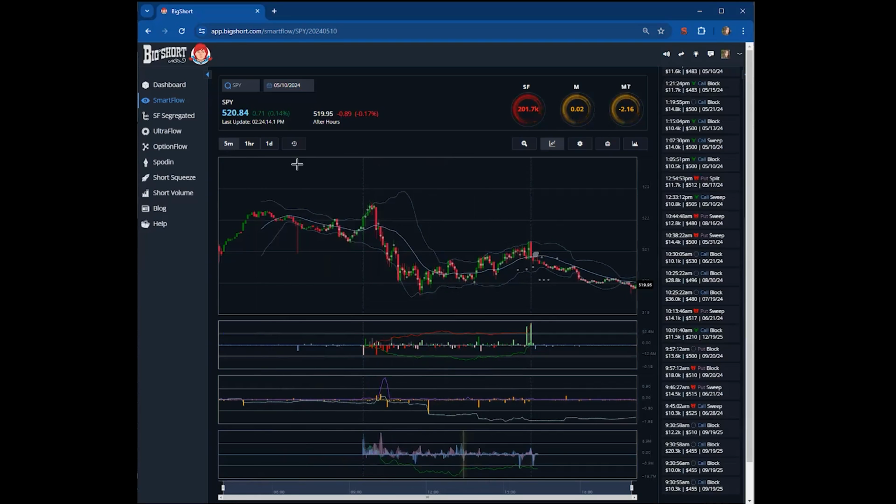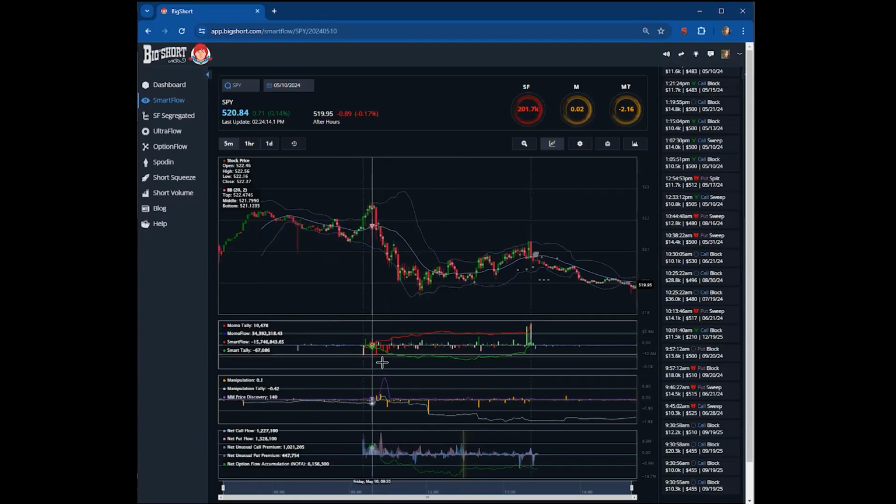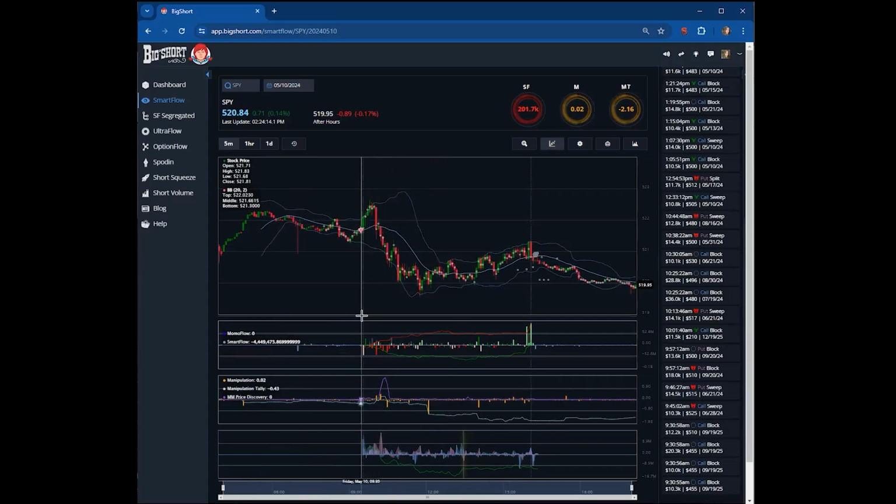Now for SPY, because again, I'm mostly a SPY trader, SPY is a smart money controlled ticker for the most part, although there are times when Momo takes over. Like sometimes Monday mornings are a time when Momo takes over. But for the most part, SPY is smart controlled. So what I look for when I'm looking at SmartFlow is a divergence between these two lines.